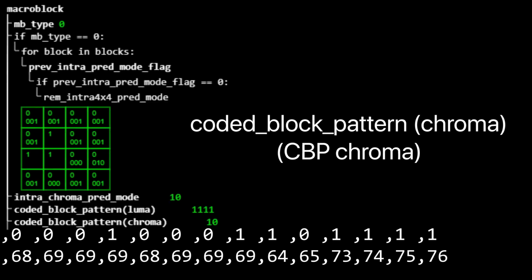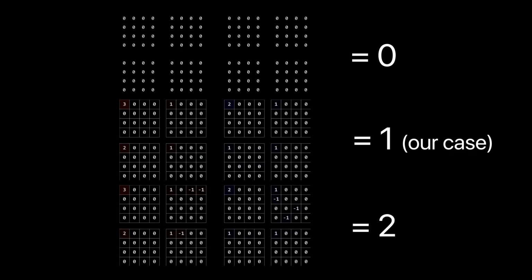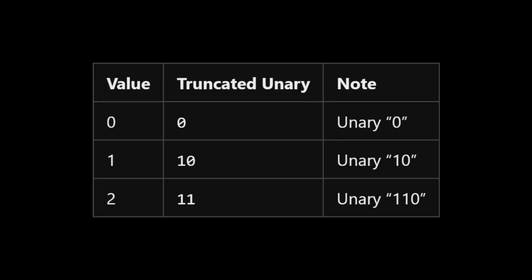For our Chroma coded block pattern, we use the same logic as before. 0 if all Chroma residuals are empty, 1 if only DC residuals are present, and 2 if AC residuals are also present. Write this with Unary and limit it to 2 bits.